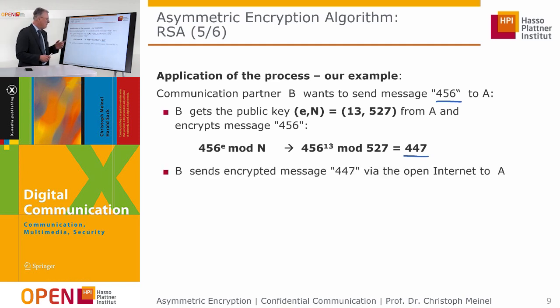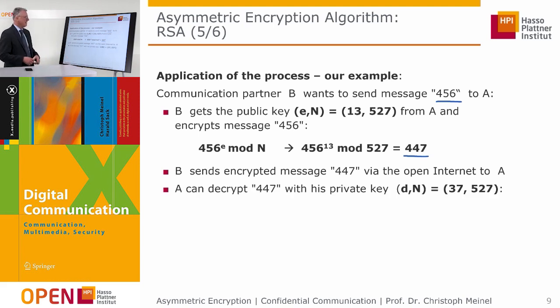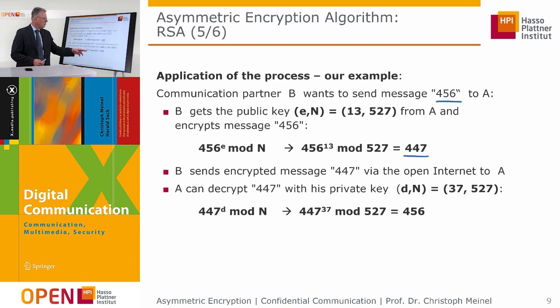And then B sends the cipher text via the open internet to A, and then Alice can decrypt this by applying her private key. She can decrypt the cipher back to the original message simply by computing 447 to the 37. This was her private key.